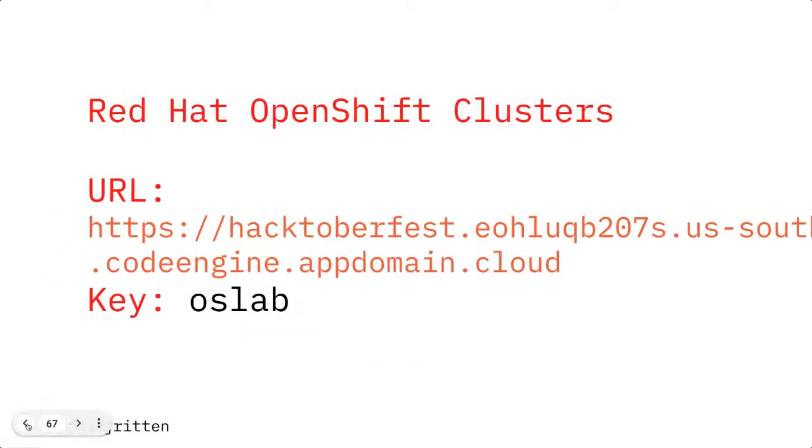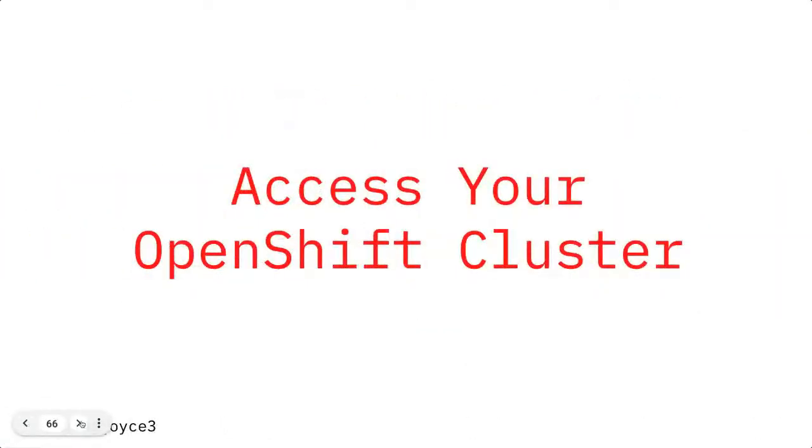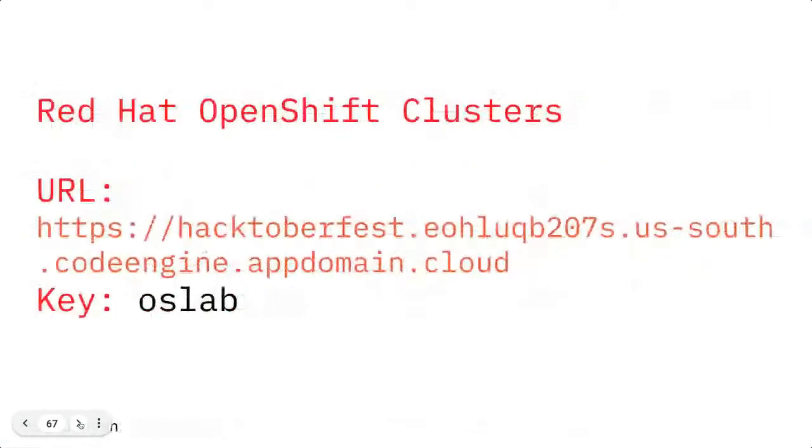Okay. So in order to access your OpenShift cluster, you're going to need to go to the following URL, HACKTOBERFEST, and it's kind of long. But you can click on the URL in the chat, or you can copy the URL from here. I will leave it up for just a second for you. And then you can go ahead and put the key in.